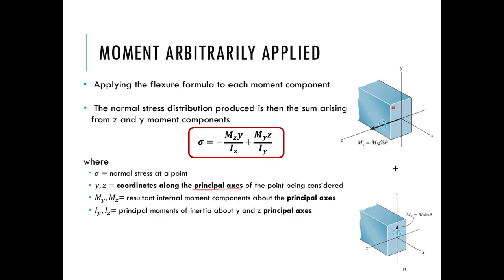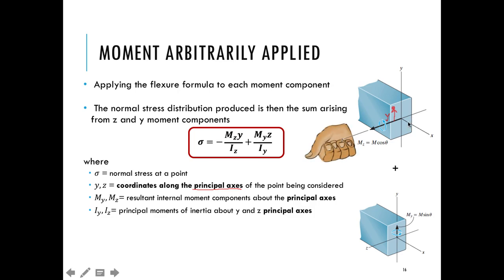So of course अगर मैं खाली Mz को consider करूँ पहले, I know कि Mz की वजह से जो bending stress arise करेगा वो flexure formula से given है. लेकिन उस flexure formula की अगर मैं right hand grip rule करते हुए देखूँ कि अगर मैं एक plus y coordinate पे हूँ, let's say इस वाले coordinate पे हूँ जो plus y पे है, तो उस पे क्या stress act कर रहा है, tensile या compressive?